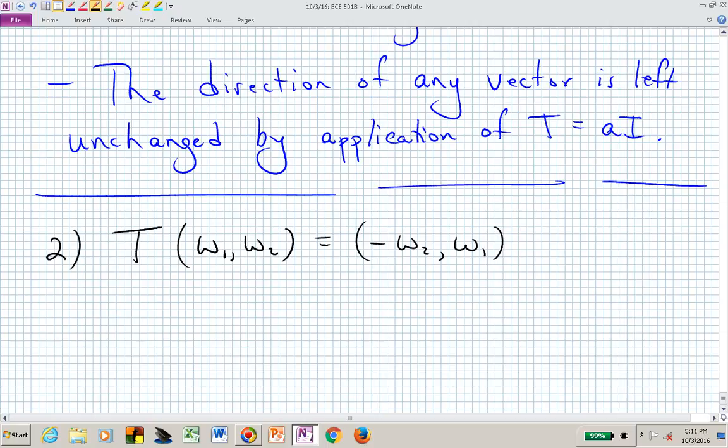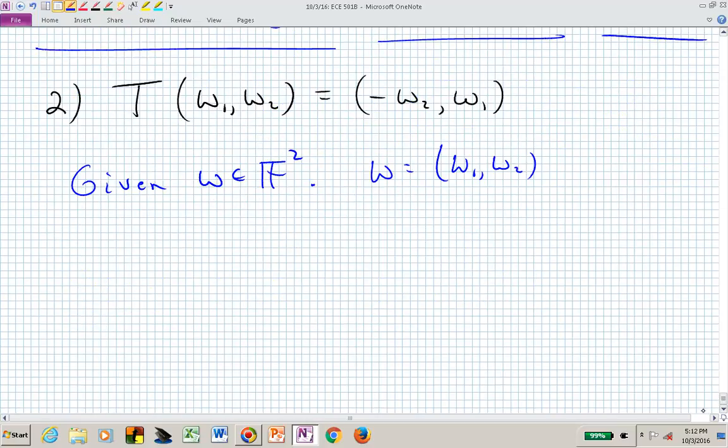And what's going to happen now? Well, let's say that we're given a W that's in F2. So W is now W1, W2. And we now want to see, can we find a lambda, an eigenvalue, and an eigenvector that satisfy this TW equal lambda W relationship?